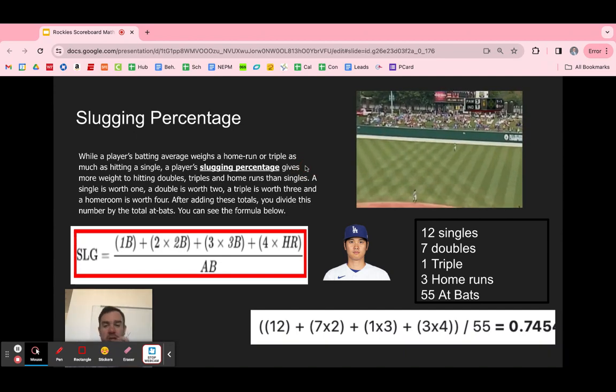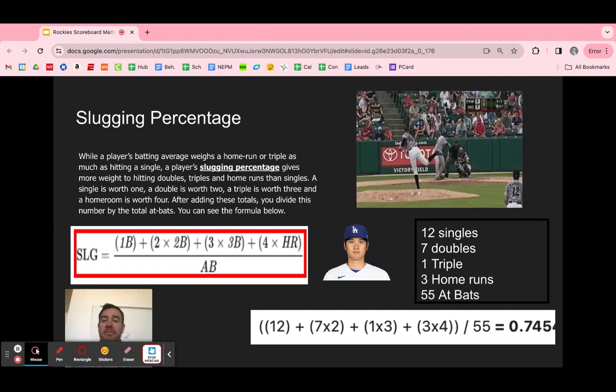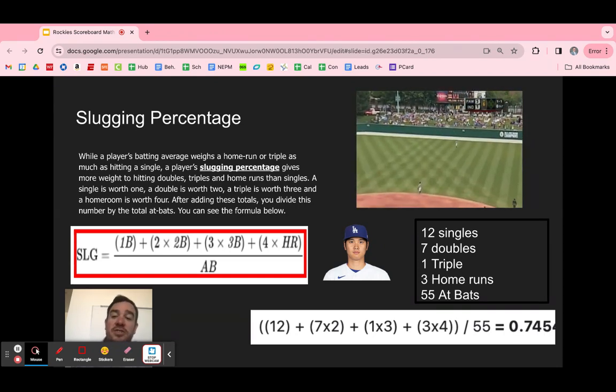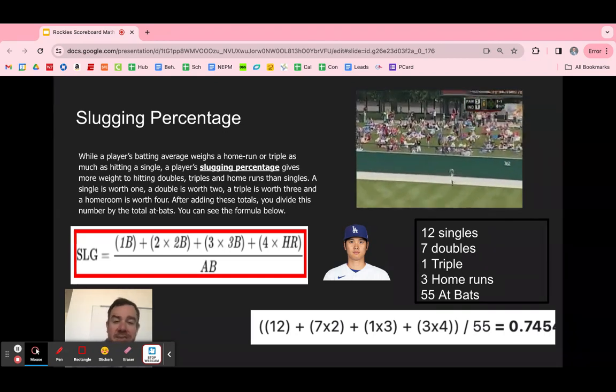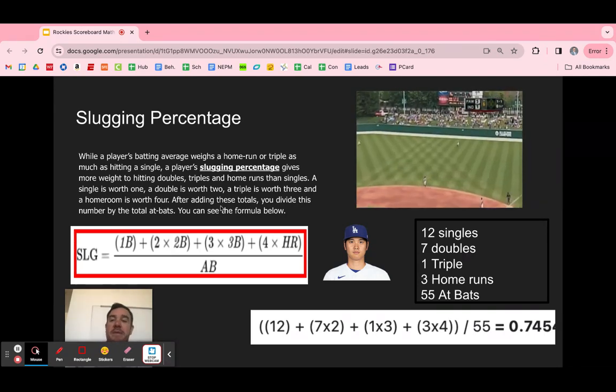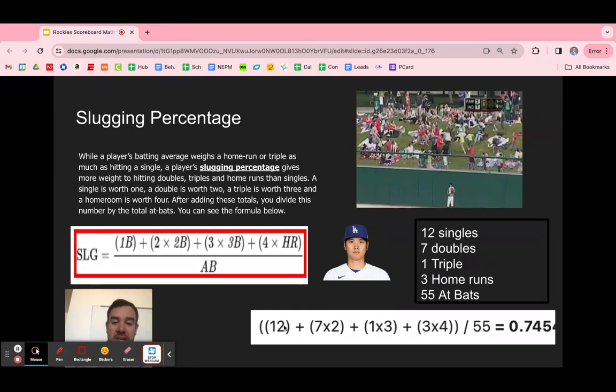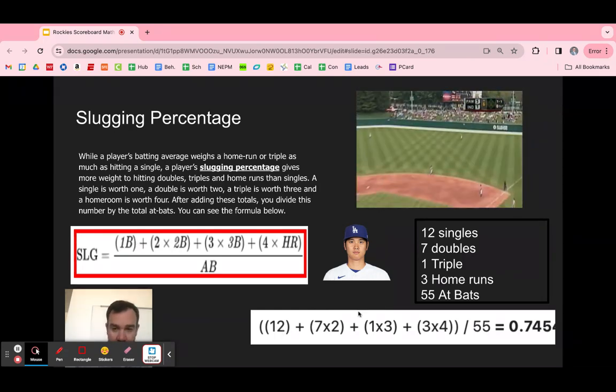Let's take Shohei Ohtani, the biggest superstar in baseball, the highest paid player. Shohei Ohtani has 12 singles this year, 7 doubles, 1 triple, 3 home runs, and 55 at-bats. To find his slugging percentage, we would give 12 points for those singles.